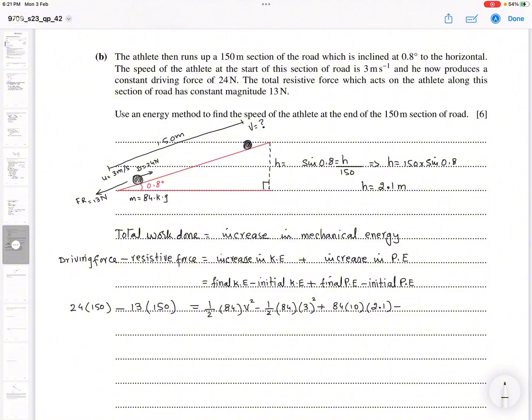Again use m g h, mass is 84, g is 10 and height is 0 there. So this side will all become 0 and now try to solve it.